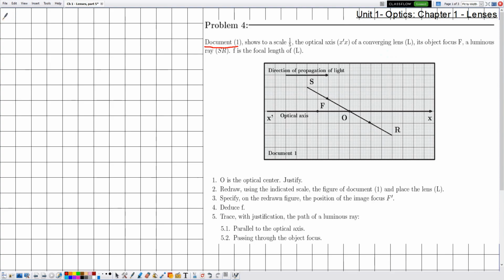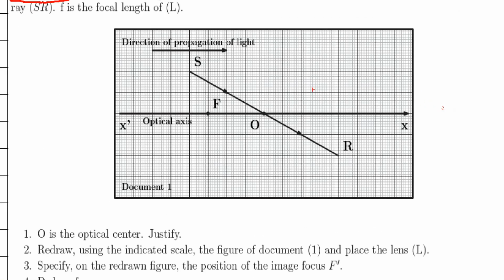So number 1, they are telling me that O is the optical center, justify. Notice that the luminous ray SR consists of two parts, in which SO is the incident luminous ray and OR is the emergent ray.